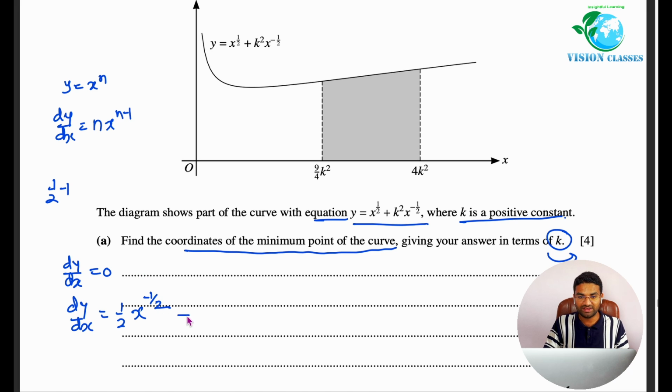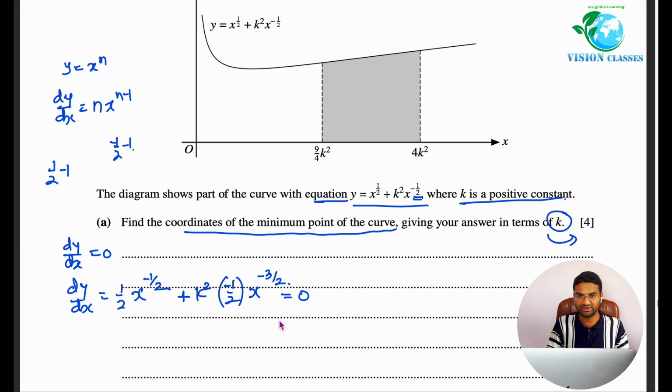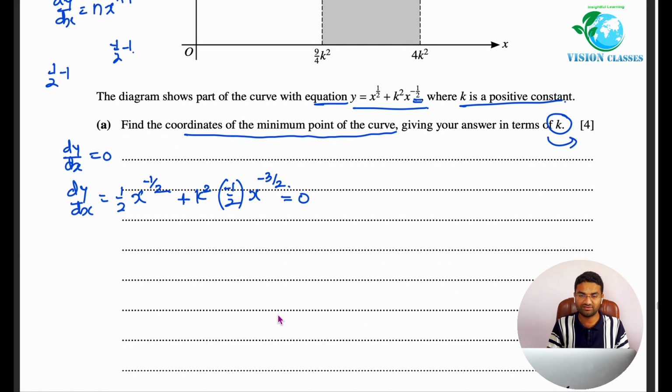Then plus k^2 times negative 1/2 x^(-1/2 - 1), which is x^(-3/2). And you have to compare with 0, and you will get the answer.